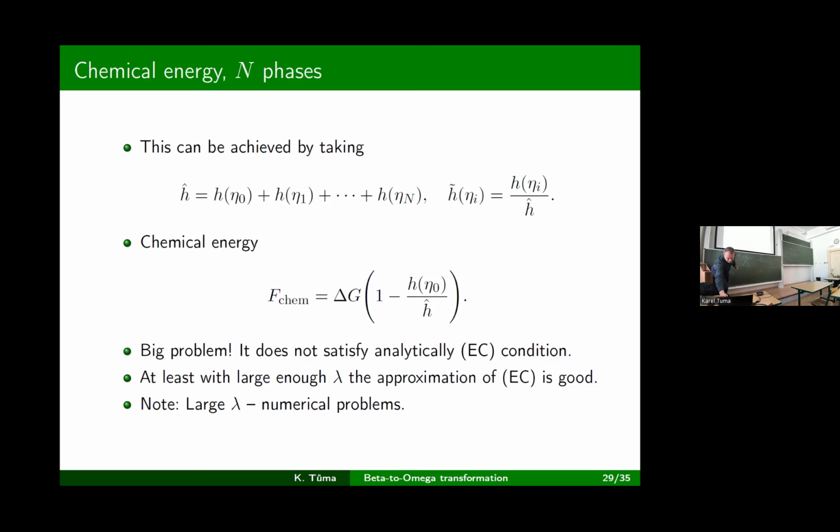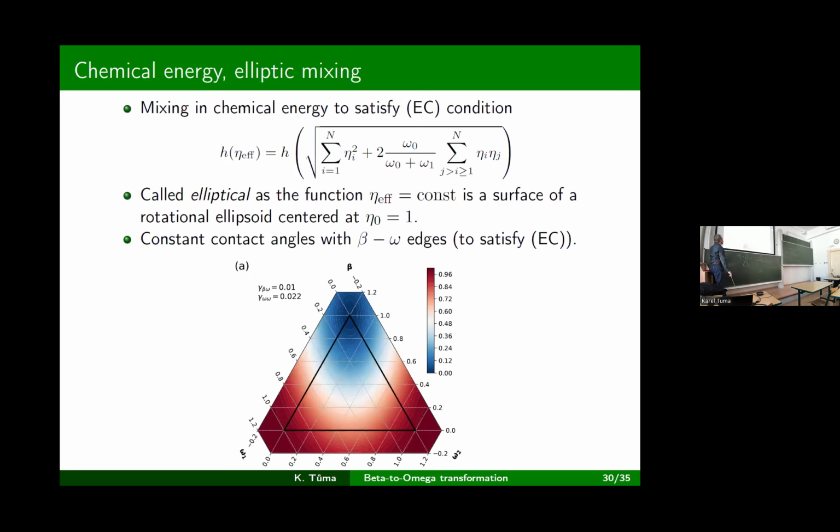So we found some mixing. We call it elliptic mixing. I talked already once about this. I simplified it as much as possible because this mixing has some other problems, but just for simplicity, we created this elliptic mixing.